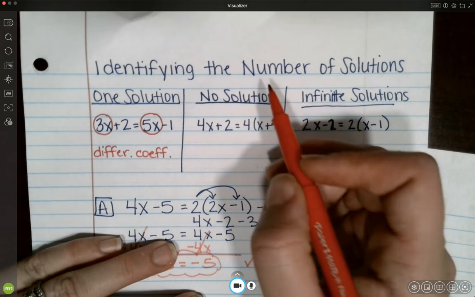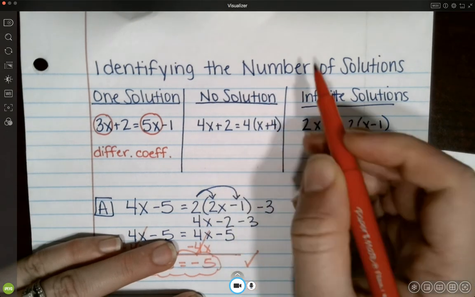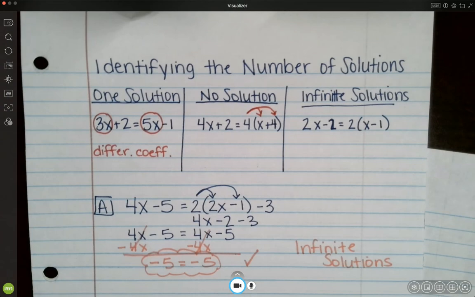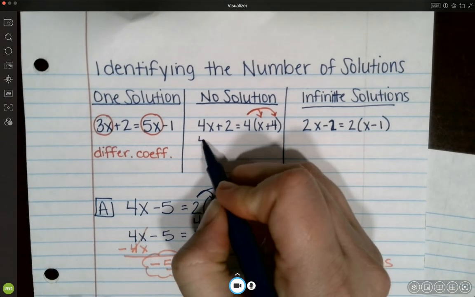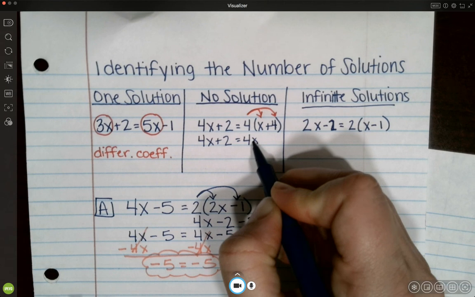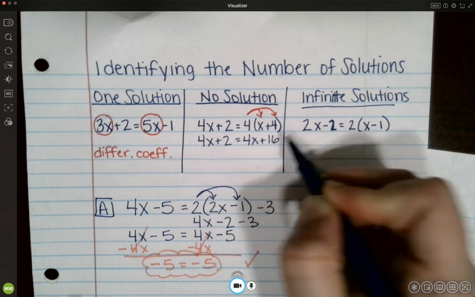In no solution, the first thing we have to do is get rid of these parentheses. So we're going to distribute. I would get 4x plus 2 equals 4x plus 16.